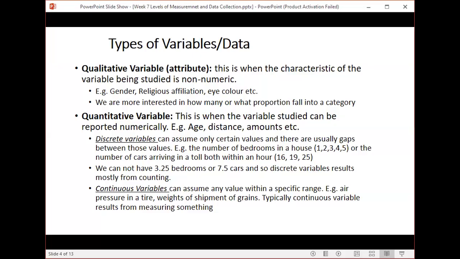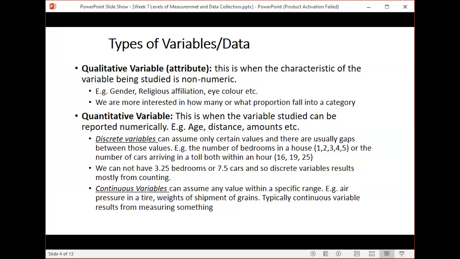Okay, so marital status: I'm married, I'm single. We can't find the mean of marital status. And funny enough, some students will do so and get means of some of these variables. So these are qualitative variables, and they can't be numeric. They are non-numeric.